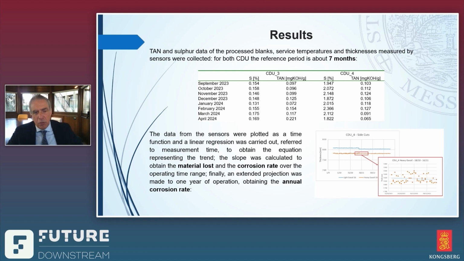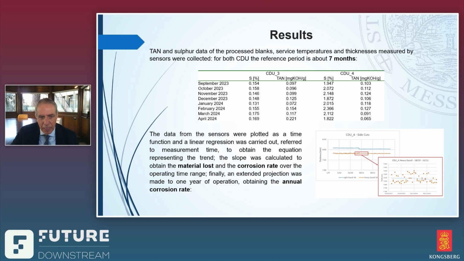Let's go to what we have seen as for the results. The reference period was 6 months, but I have to say that the sour crude oil was processed for just some weeks.